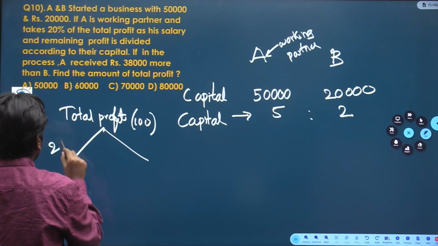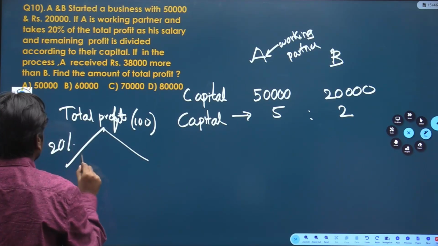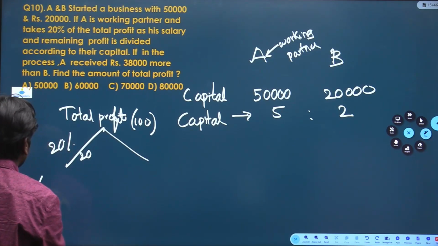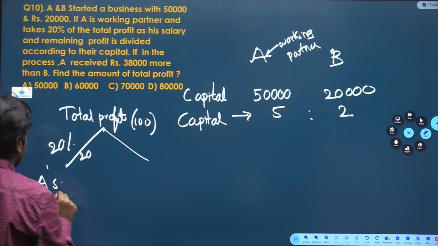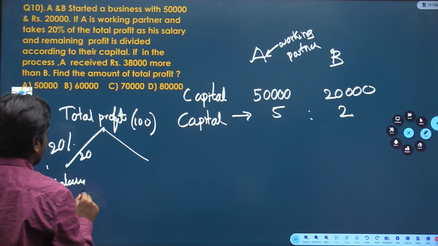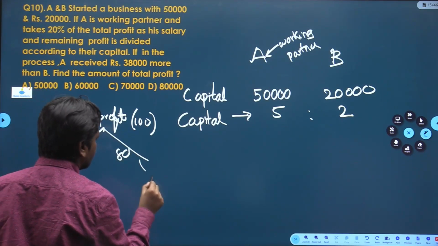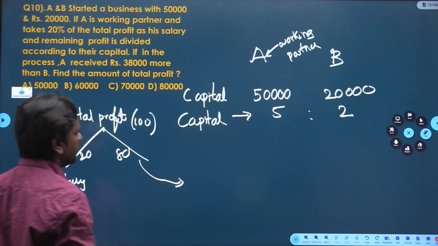then 20% goes, 20 units, then 80 units will be distributed.